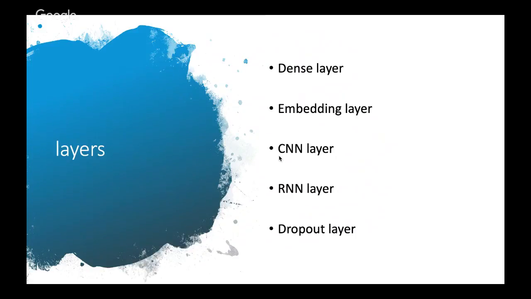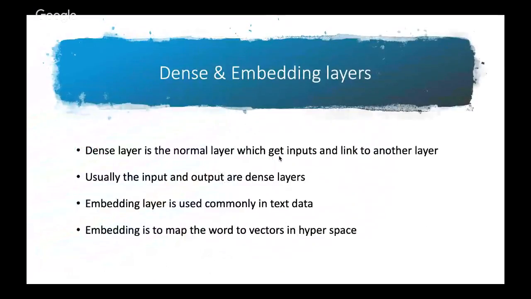There are different layers, and when we touch on them I will talk about what each is used for. The Dense layer is the simplest layer. The Embedding layer is usually purely for mapping text to a vector. The CNN layer is used for CNN models, RNN for RNN models. The Dropout layer is used to reduce overfitting.